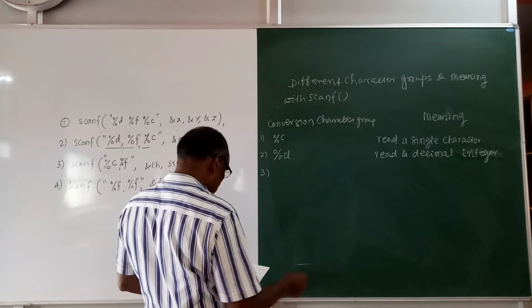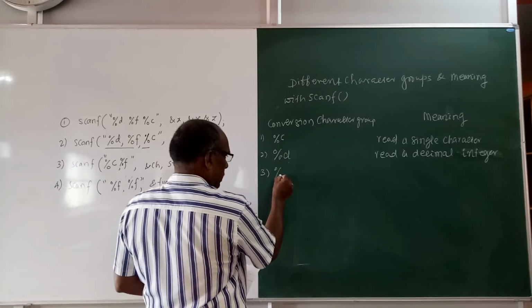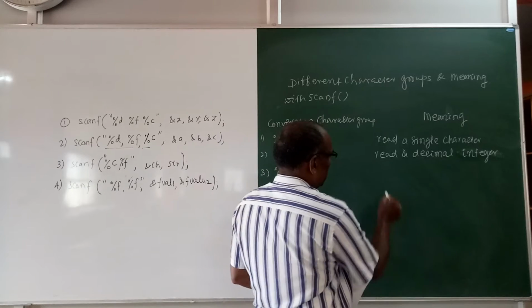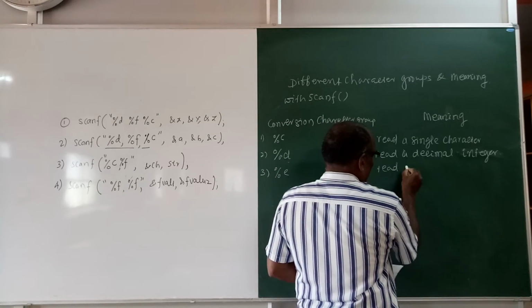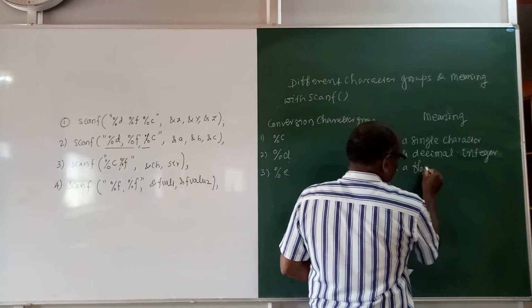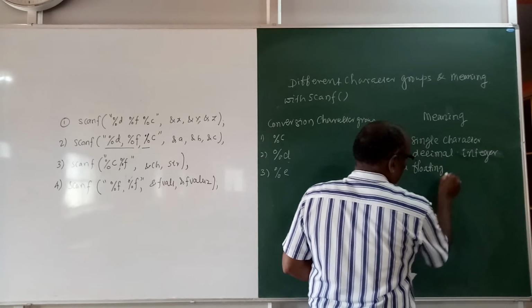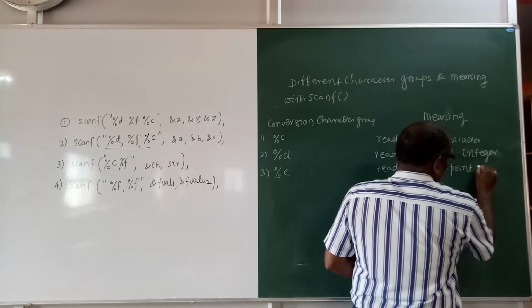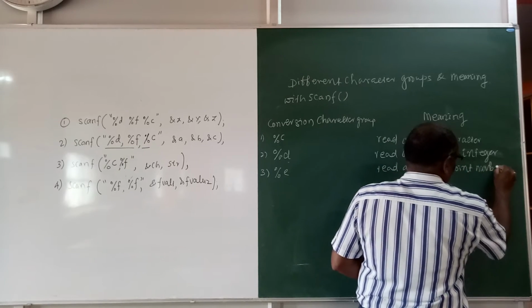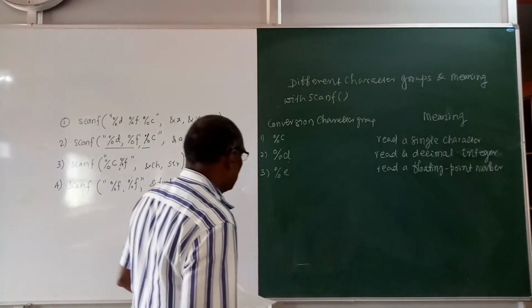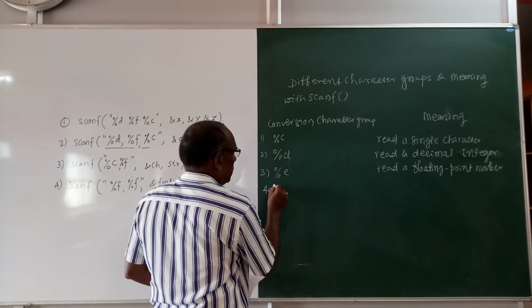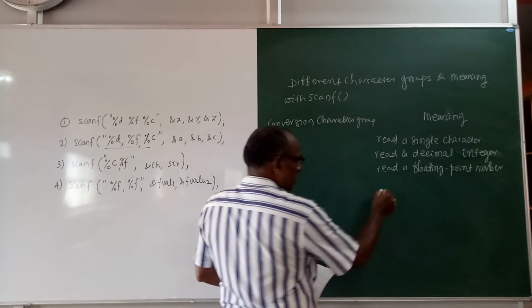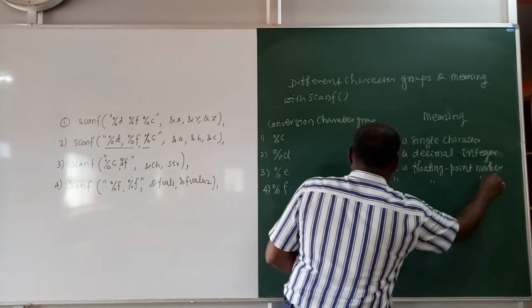Let us go for, say, percent E. This is to read a floating point number, a real number. We know the meaning here in C language. Say percent F, this also reads the floating point number.